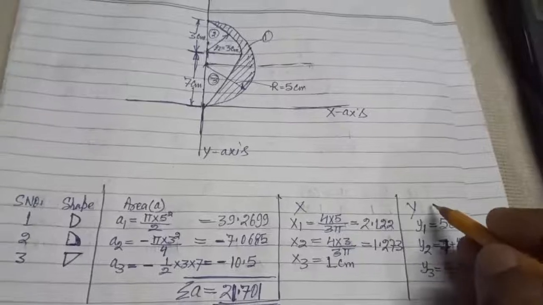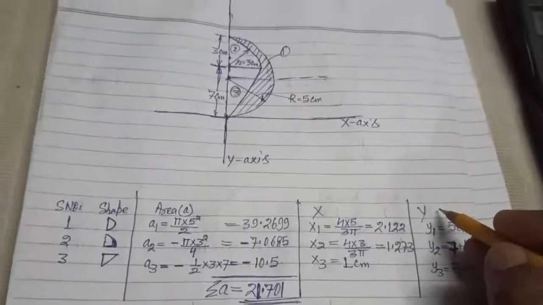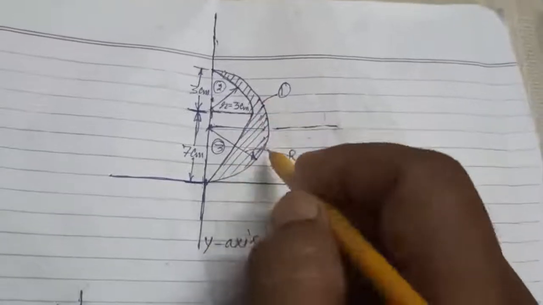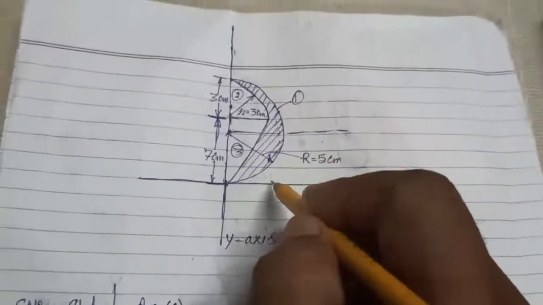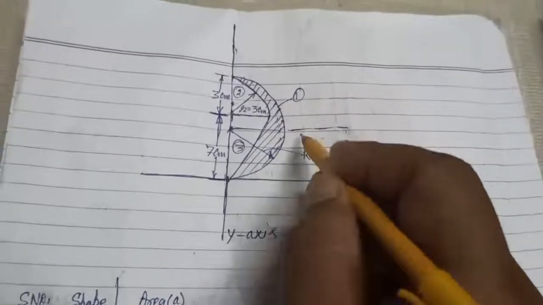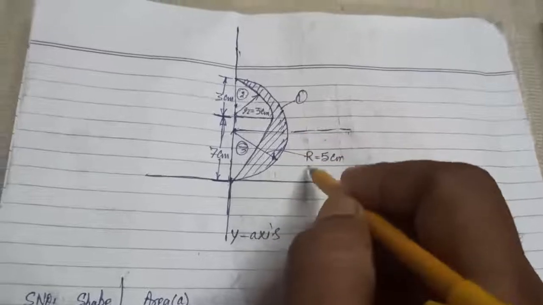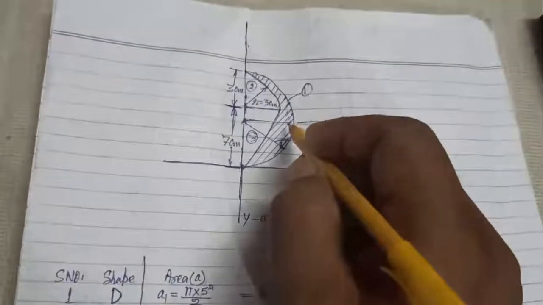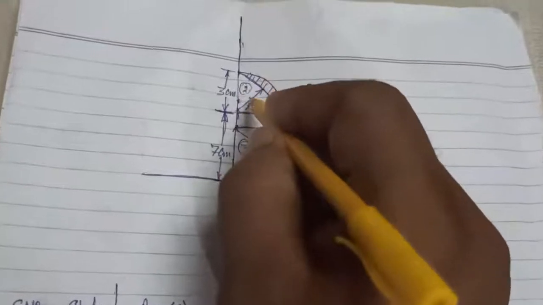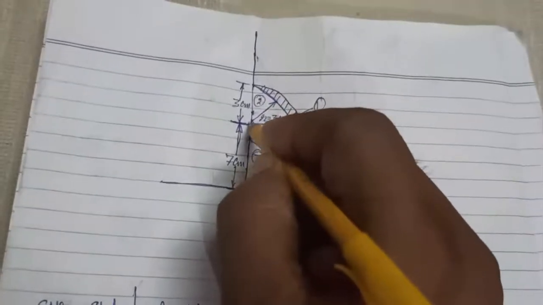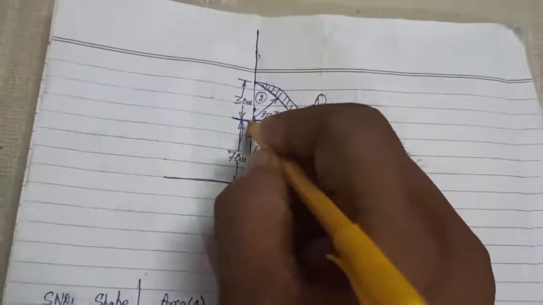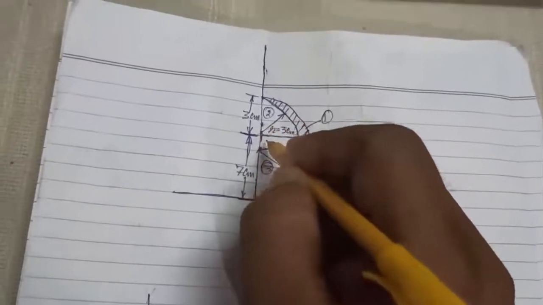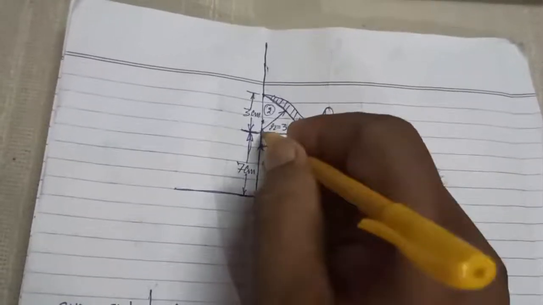Similarly, y is the distance from the x-axis. For part 1, y1 is equal to the radius of the semicircle, so it is 5 centimeters. Now for this quadrant, it is 4r by 3 pi from here, and this much is 7 centimeter.